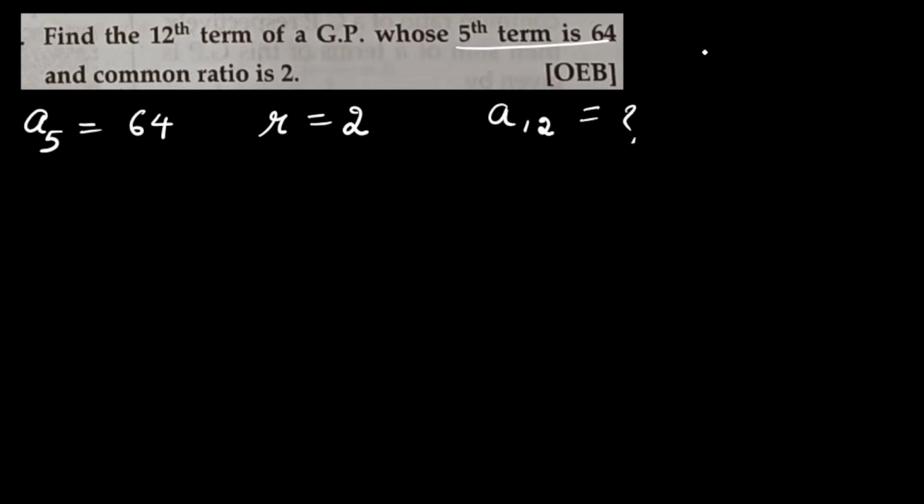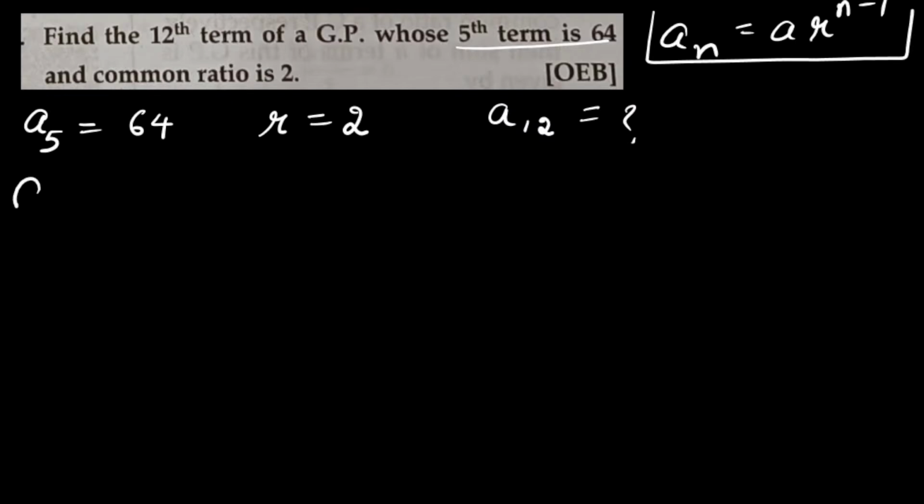So we'll be using the given things and the formula. A5 is given to us. We know this formula: in case of GP, An is equal to A into R to the power N minus 1. So here we will be using this formula for the fifth term.